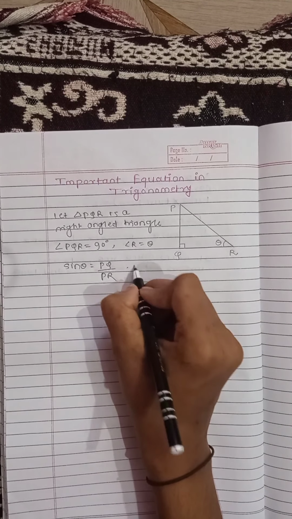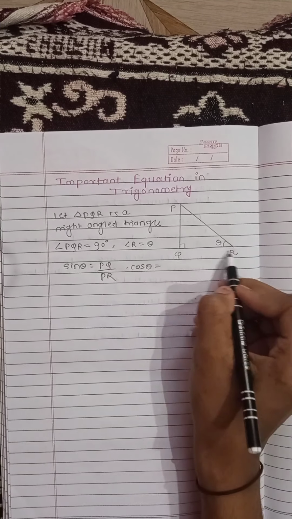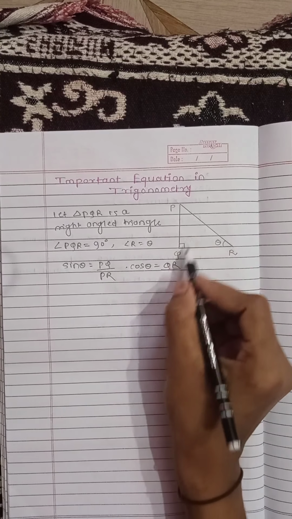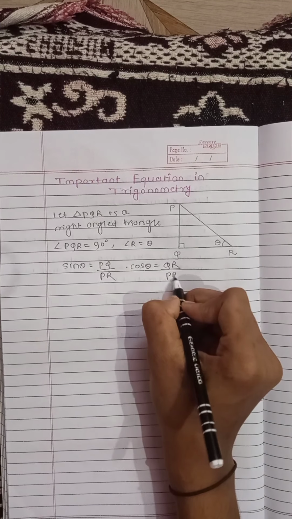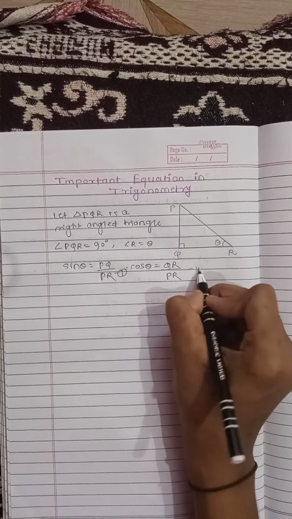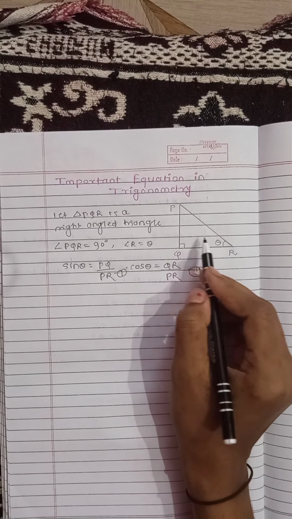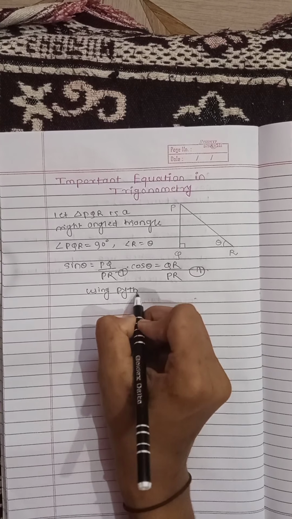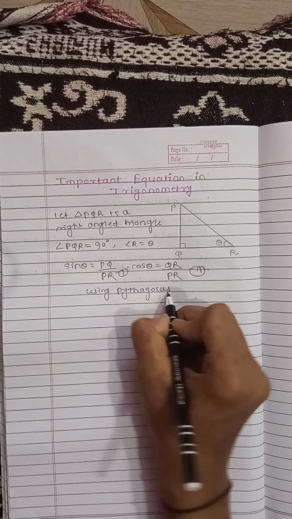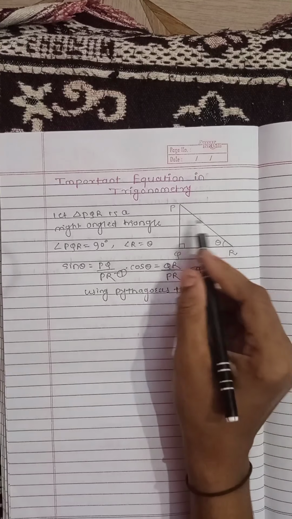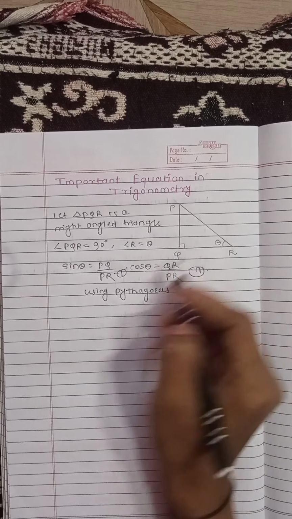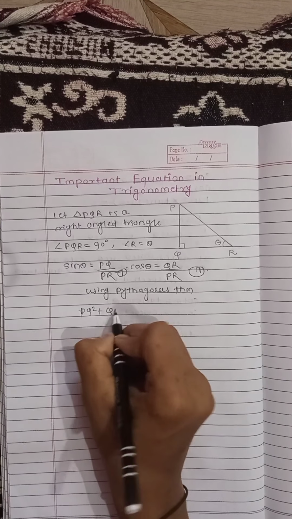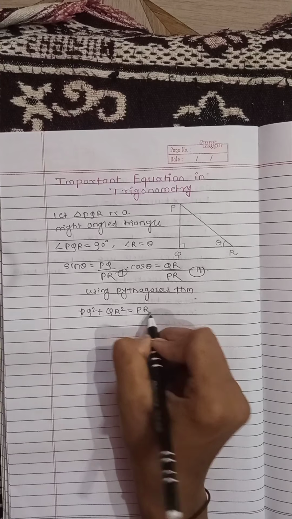Similarly, we find the value of cos theta. Cos theta means adjacent upon hypotenuse. The adjacent is QR upon hypotenuse PR. Gives number 1 and number 2. By using the Pythagoras theorem in this right angle triangle, we get PQ square plus QR square is equal to PR square.